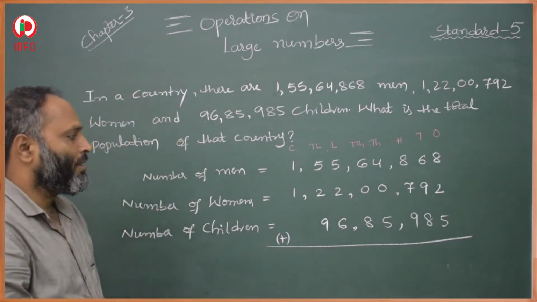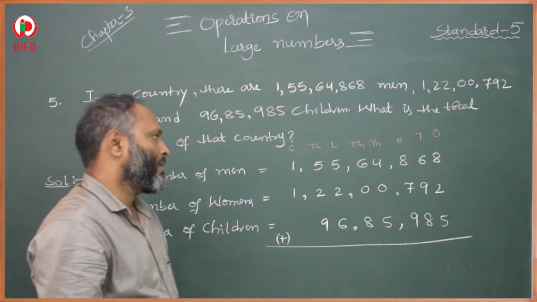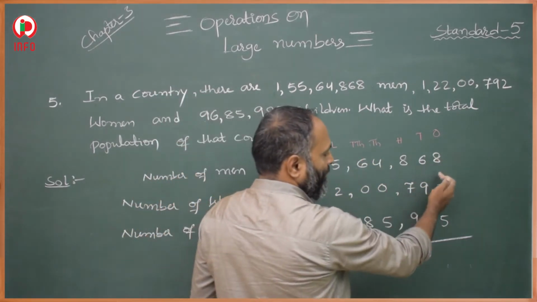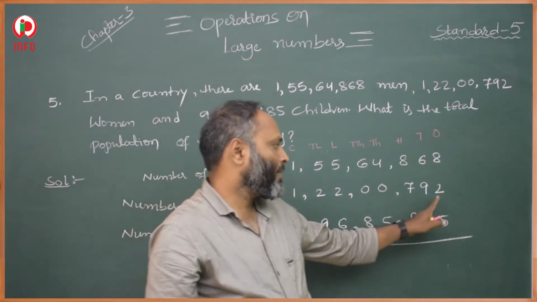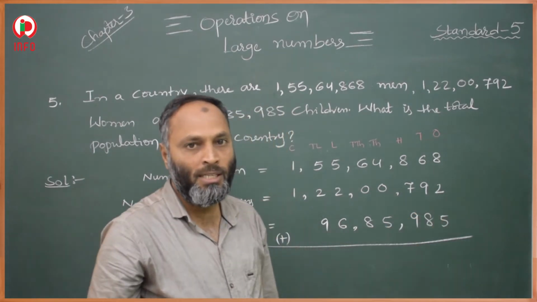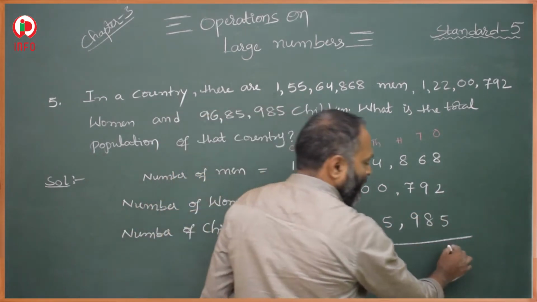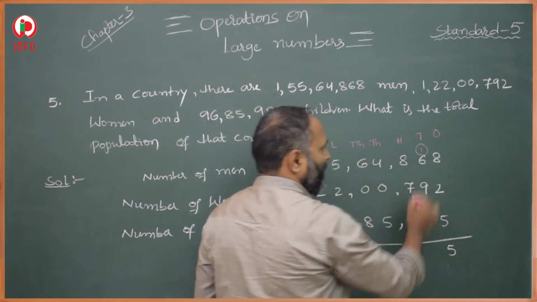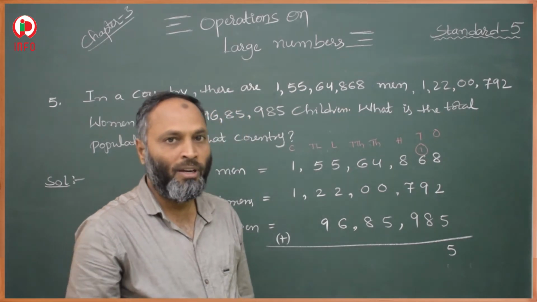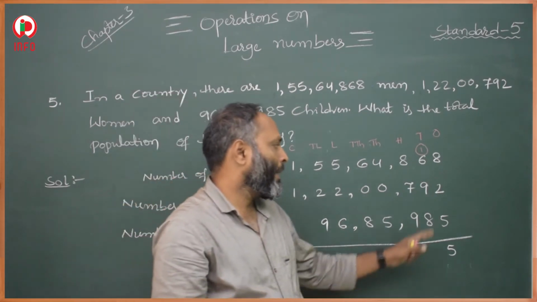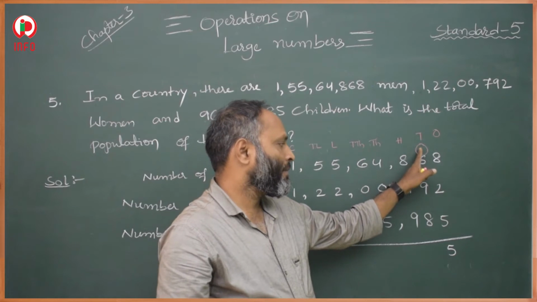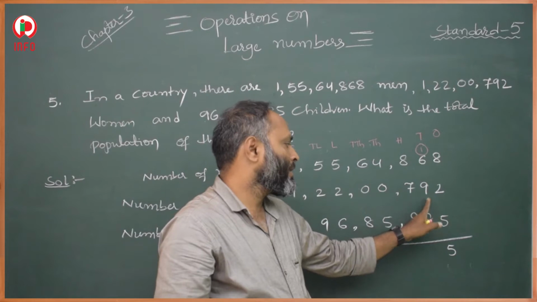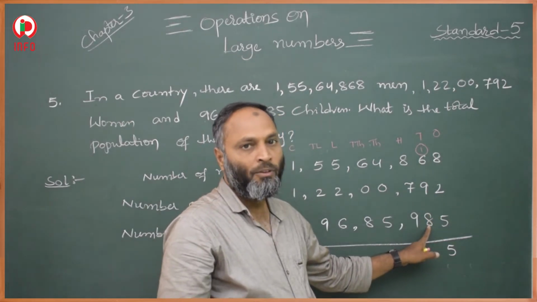Now we start addition from the ones place. 8 plus 2, 10. 10 plus 5, 15. 15 is a double digit number. 5 is here and 1 goes to the very next place, that is the tens place, on the top. Then 6 plus 1, 7. 7 plus 9, 16. 16 plus 8, 24.